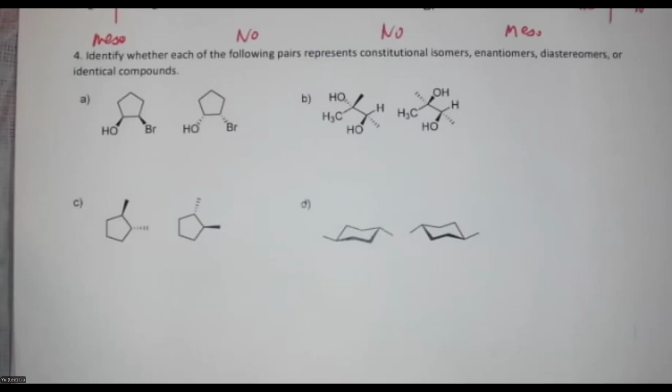If all chiral centers are opposite, that's enantiomer, or all same, identical. If some are the same and some different, that will be diastereomer. Take a try at the last question in the worksheet.